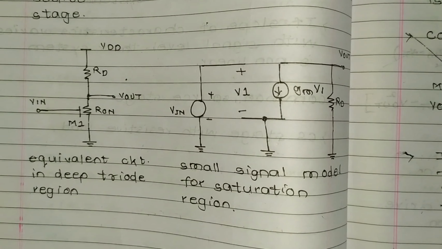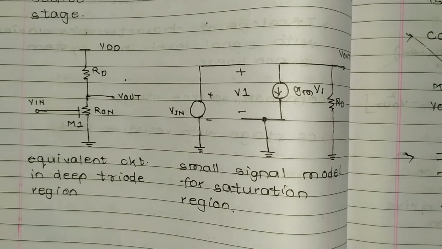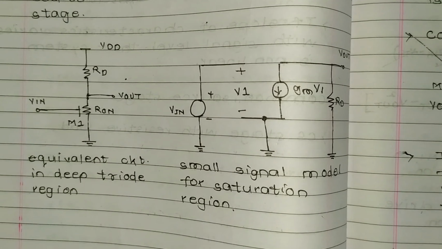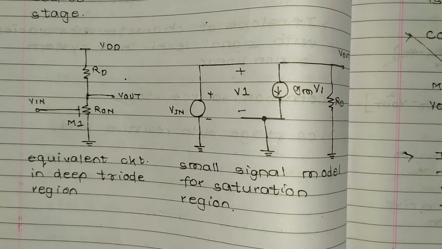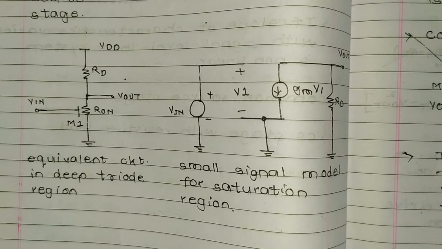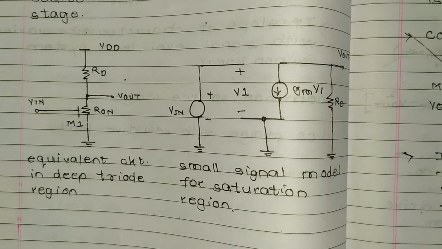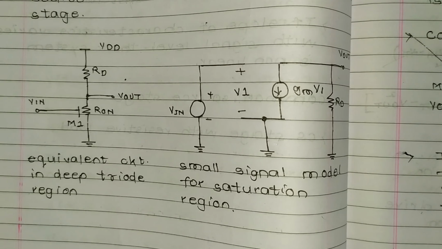From the small signal model, M1 converts the input voltage change delta Vin to a drain current change gm delta Vin, and hence an output voltage change of minus gm RD delta Vin. The gain changes substantially if the signal is large.